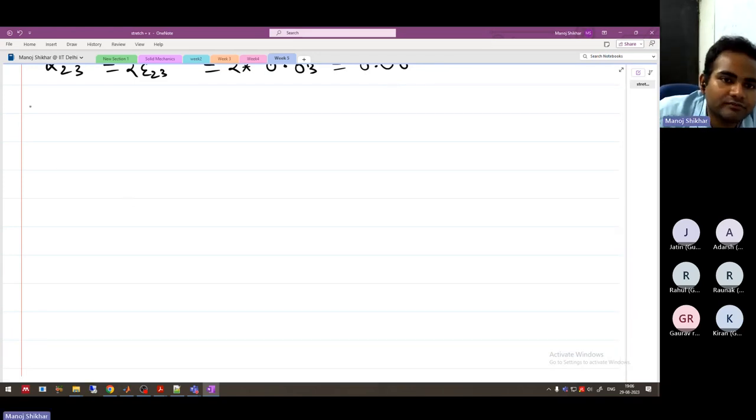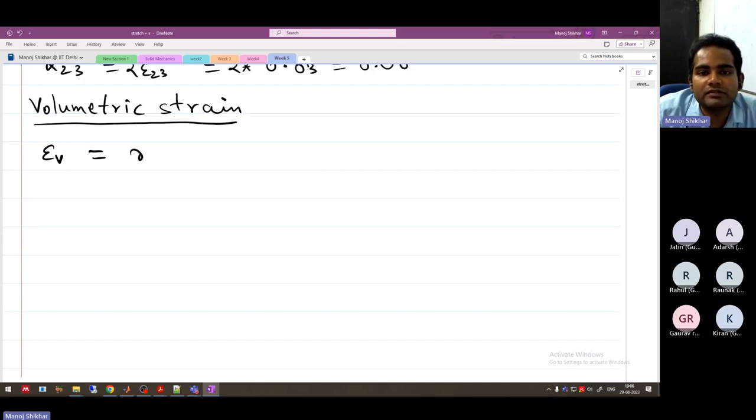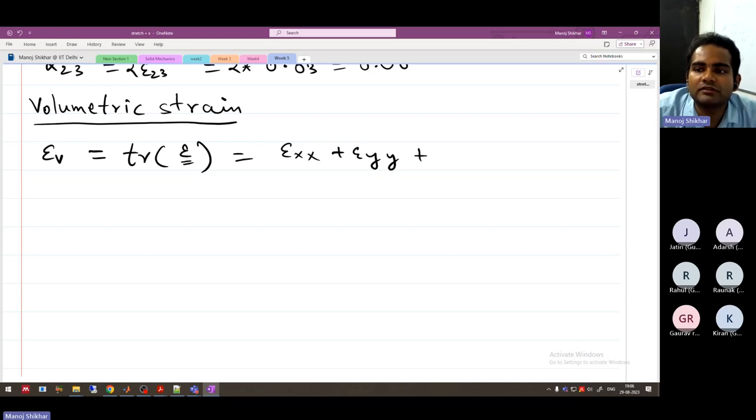Now, volumetric strain. This is denoted by epsilon V, and the formula is the trace of the epsilon matrix. So this is epsilon XX plus epsilon YY plus epsilon ZZ, or epsilon 11 plus epsilon 22 plus epsilon 33.